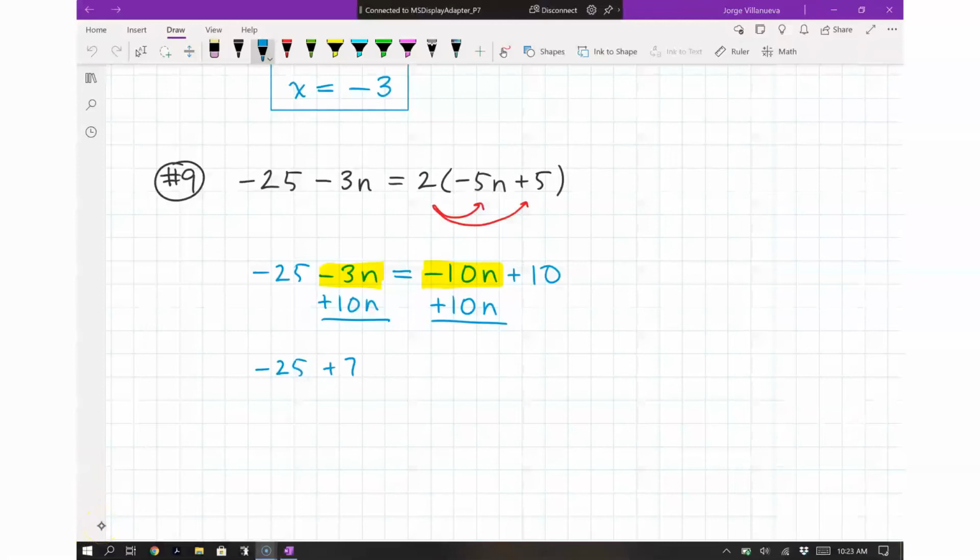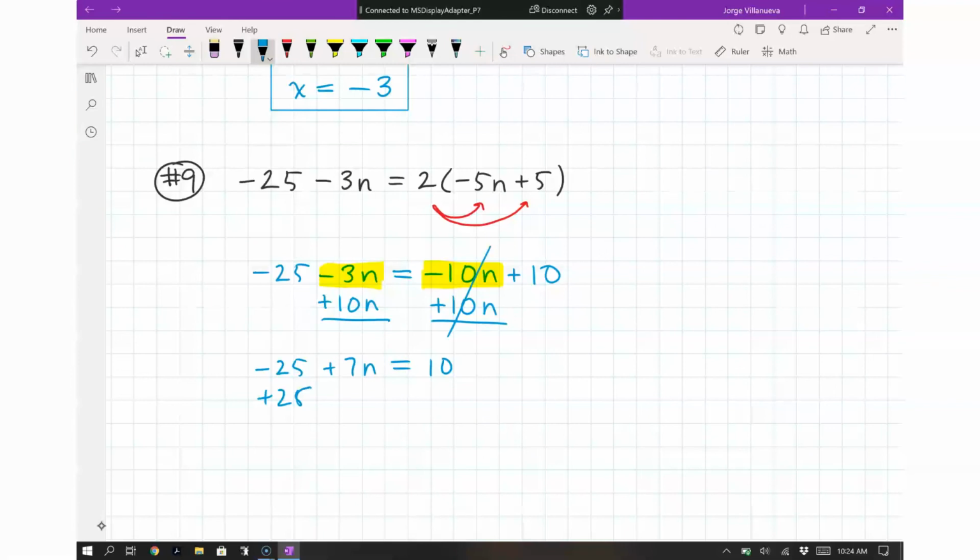I was supposed to be writing positive 7n, right? So n equals to, now negative 10n plus 10n cancels. So all we have left is a 10. I have my variable on the left, so let's move that negative 25 over. We're going to do a plus 25 to both sides. Sorry about that.